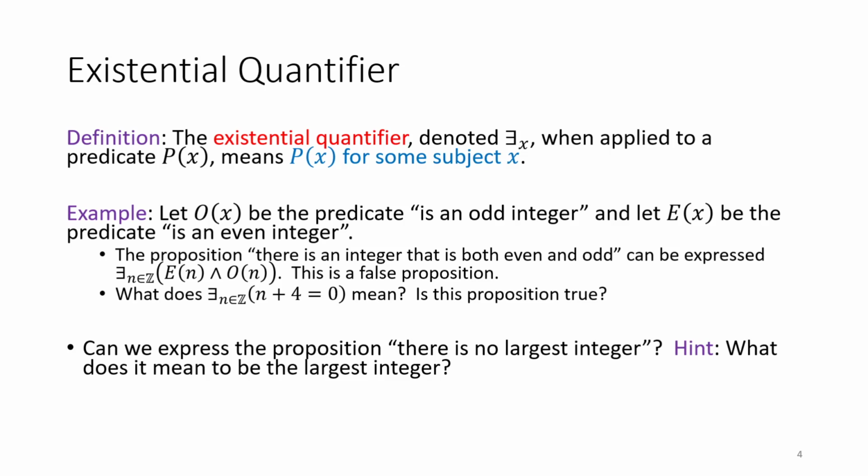The largest integer must be greater. Let's try and do this together. So somewhere in here we're going to have the greater sign, and we said there's a for all here, for all the other numbers.